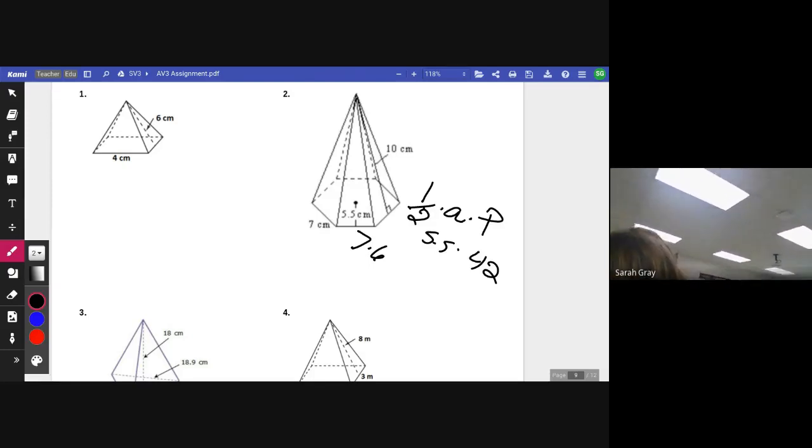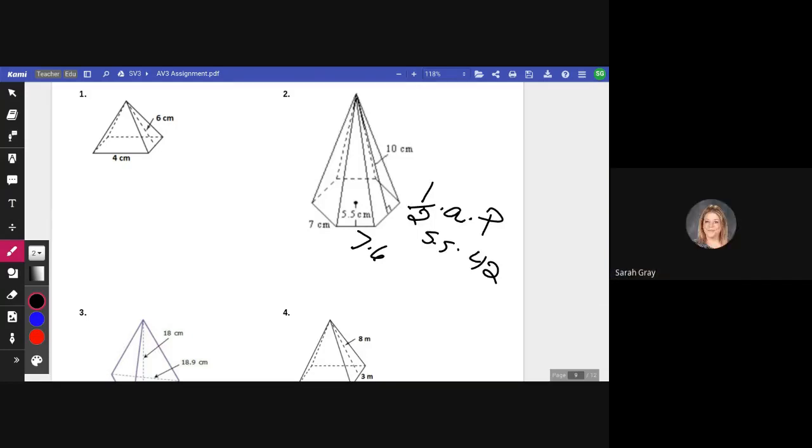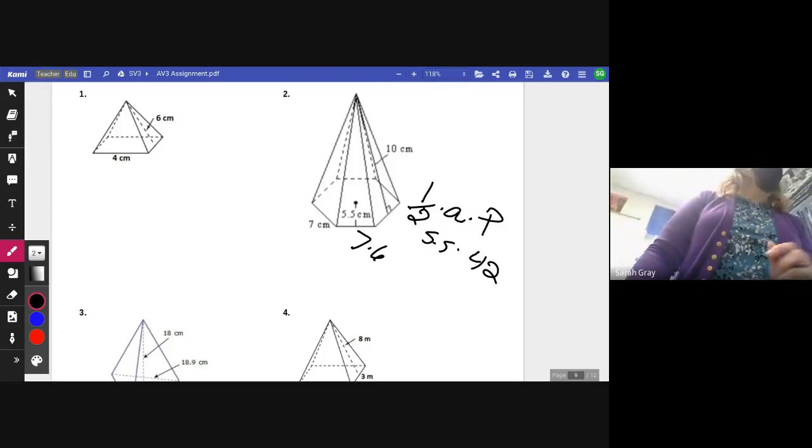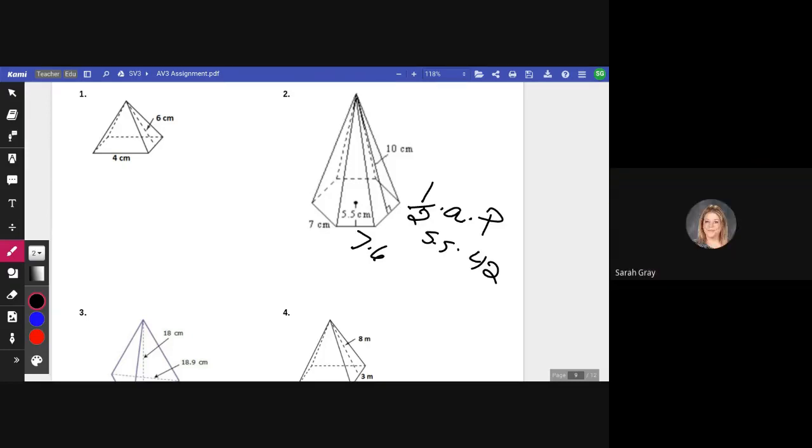So that's going to be a prism, where you find the area of the triangle and the base. We just say formula is this. Is the 2 on the dotted line? Yeah. So it'd be 2 times 5.